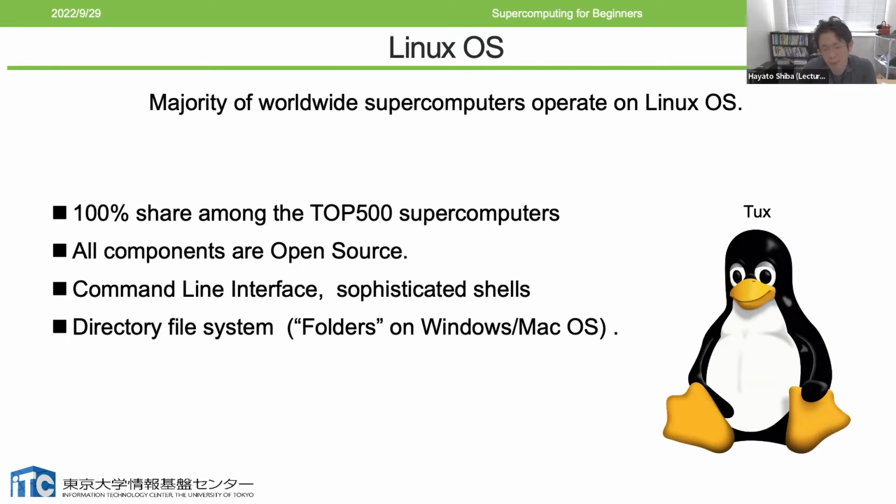And we can basically do all the operations only with command line interfaces. Perhaps you are using Linux also on graphical user interfaces, but on supercomputers, typically we operate on command line interfaces, with the file system based on a directory structure, which corresponds to folders on Windows or Mac operating systems.